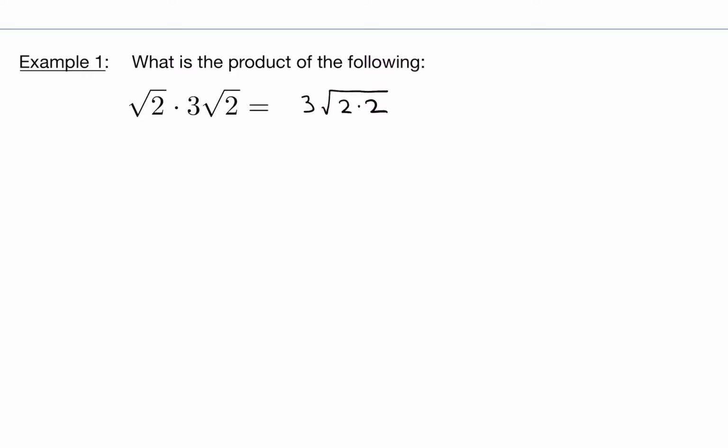Now, the next step is this comes out to 3 times 2, because when you have two values being multiplied together underneath the radical sign, both of those come out, but when they come out, they're represented as one of the two, okay? And so then this works out to a value of 6, and this becomes our answer.